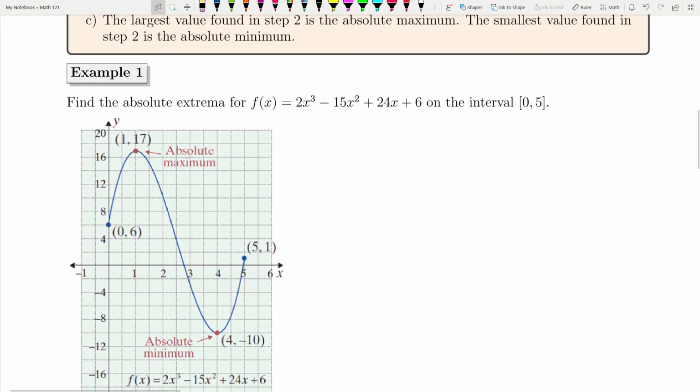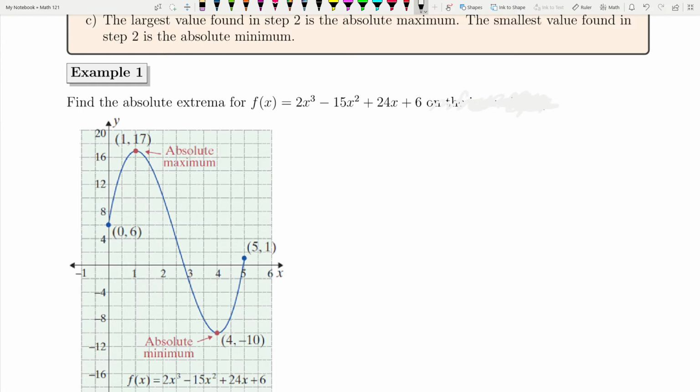We have the function f of x equals x cubed minus 15x squared plus 24x plus 6 on the interval 0 to 5. Notice in this case we're looking at a function on a closed interval. Back in the previous section we were asked to find relative extrema without a restricted domain.